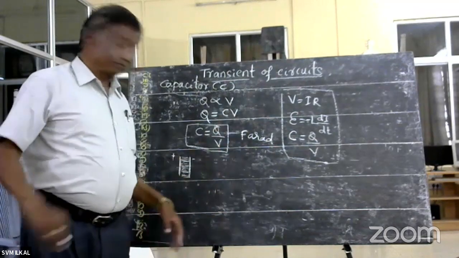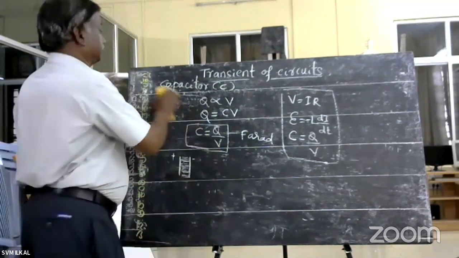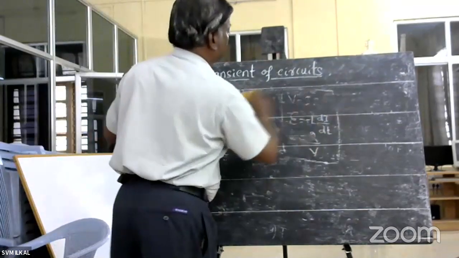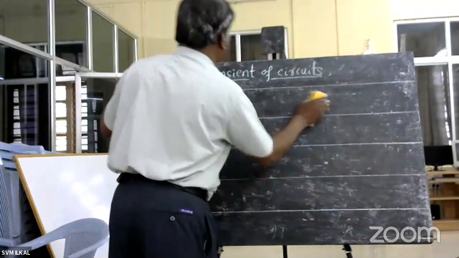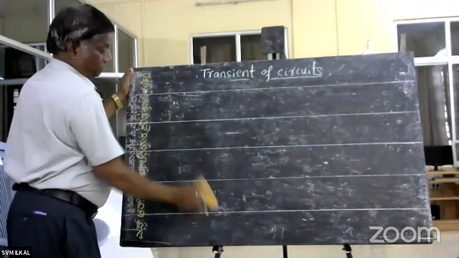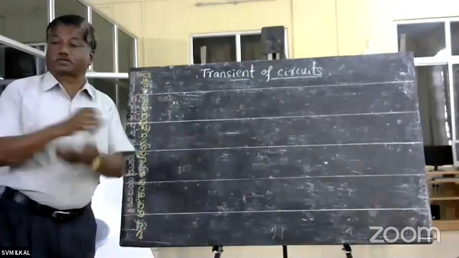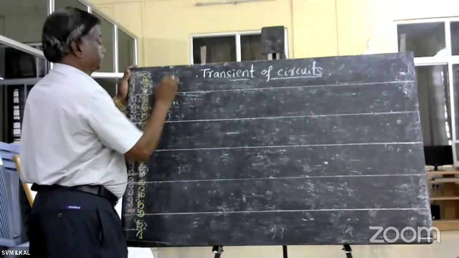Okay. Now, to start the transient circuit, the first subtopic is the charging of a capacitor through a high resistance.